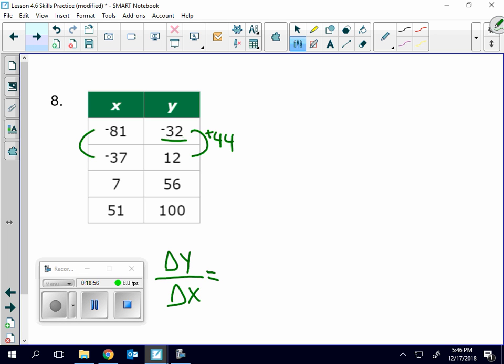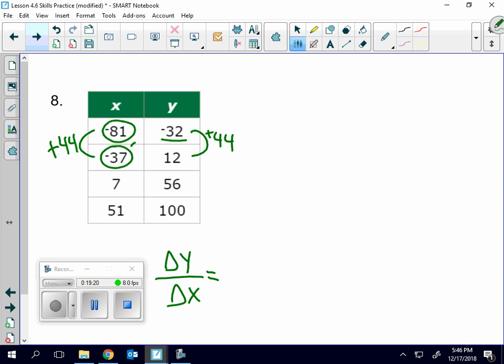What you can do is take x2 minus x1 on your calculator. So I'm putting in 37, making it negative, hitting the subtraction sign, typing in 81, making it negative, and then pressing equals. And I get a positive 44.